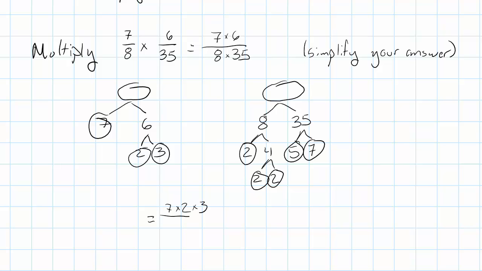In the denominator we have 2 times 2 times 2 times 5 times 7. So the 7's will cancel, one pair of 2's will cancel, and that's it. All that's left in the numerator is a 3. All that's left in the denominator, well, I've got 2 times 2 is 4, times 5 is 20. This works out to 3/20.